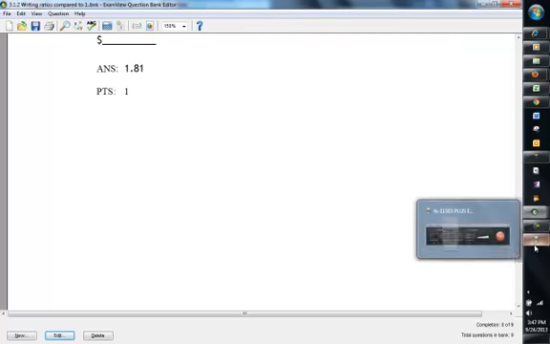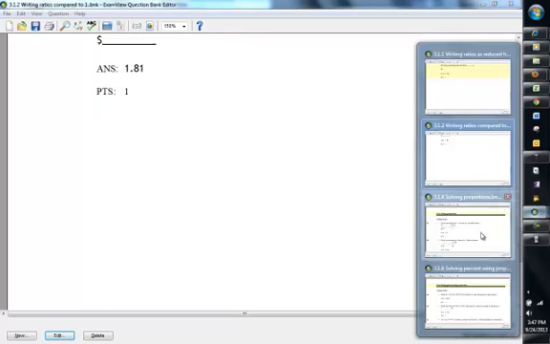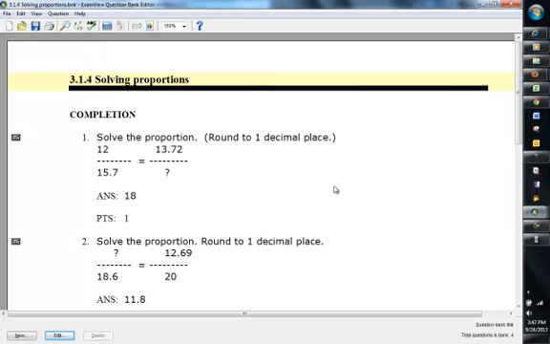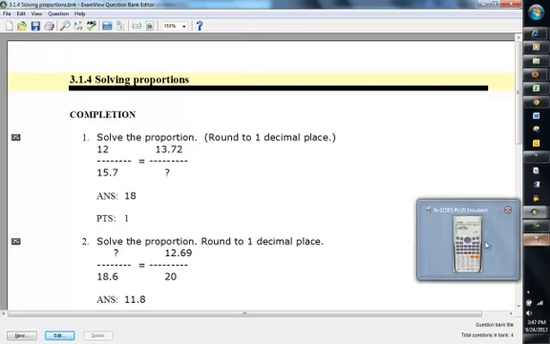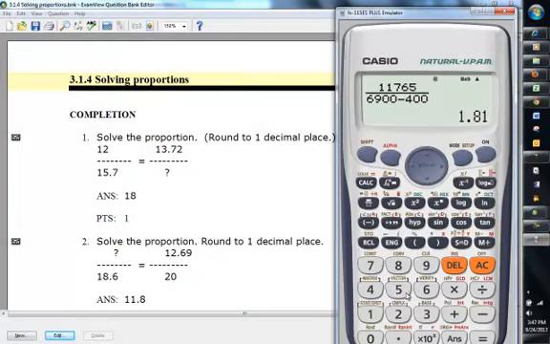Section 4, we're going to solve proportions. Remember, to solve proportions, you cross multiply and divide. So I'm going to cross multiply 13.72 times 15.7.